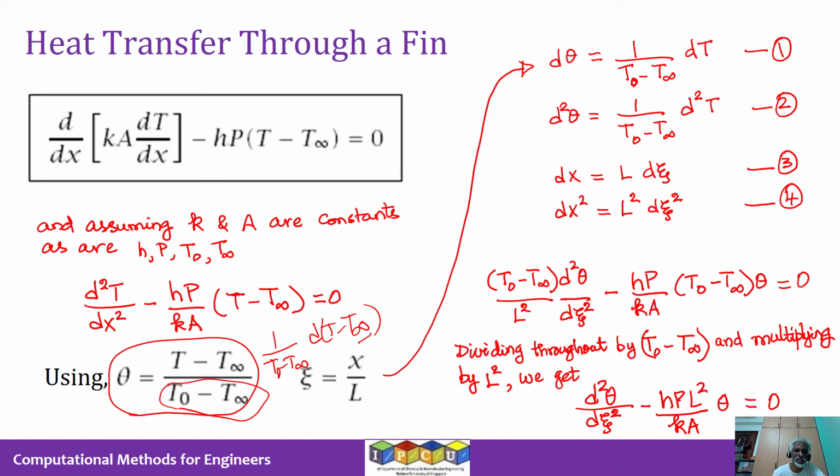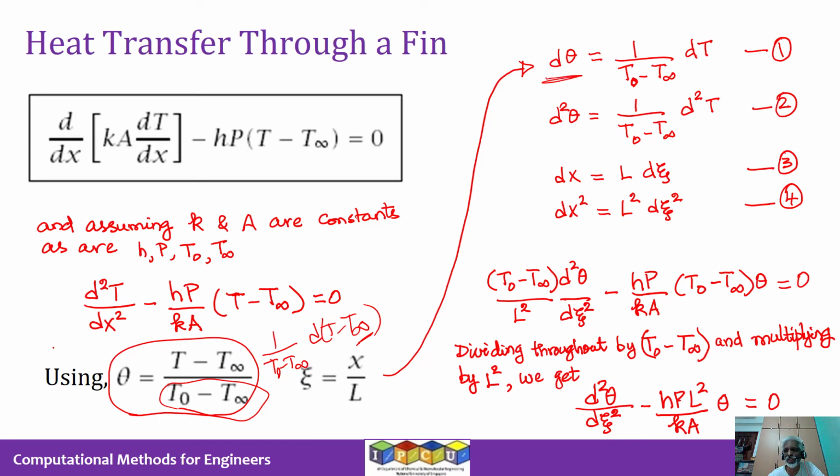But since T infinity is a constant, d of (T minus T infinity) is just going to be dT. Therefore, we can write this first equation: d theta is going to be 1 by (T naught minus T infinity) dT.